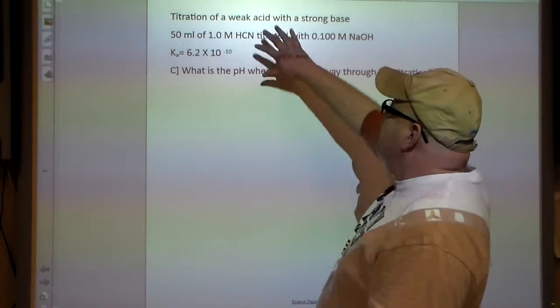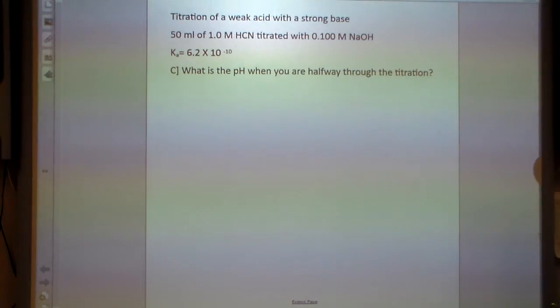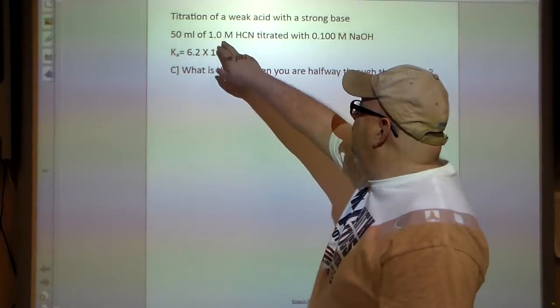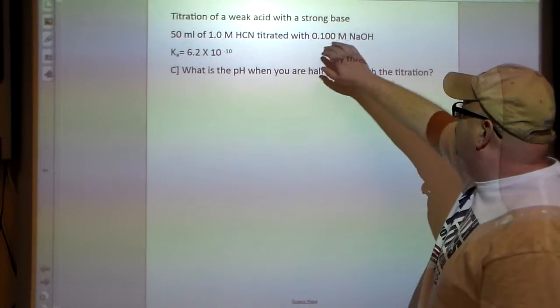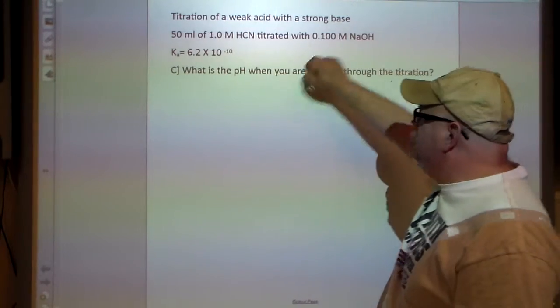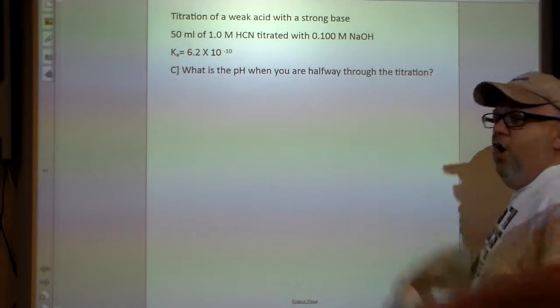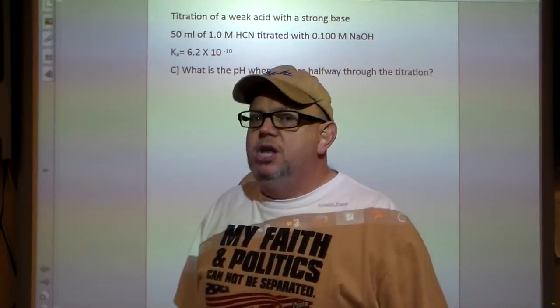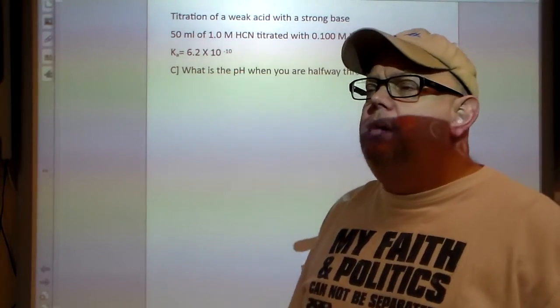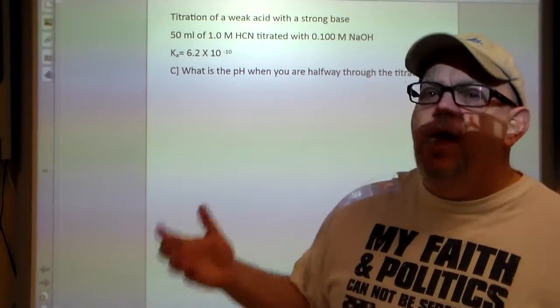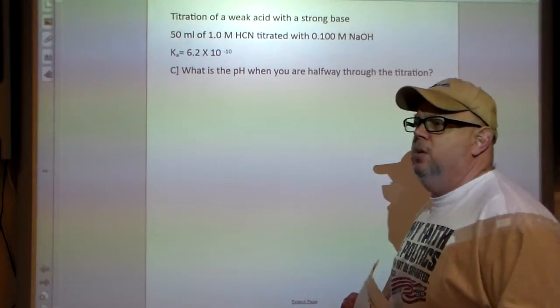That's fine. So, titration of a weak acid, again with a strong base. We're working with the same acid, 50 milliliters of 1 molar HCN titrated with 0.1 molar of NaOH. Here's our Ka. Now the question is, we're halfway through the titration, what's the pH? Well, what do you mean by halfway through the titration?